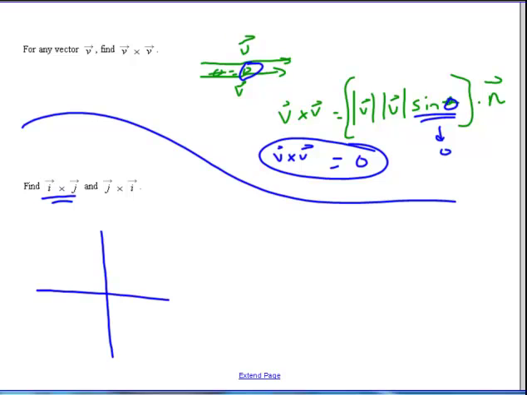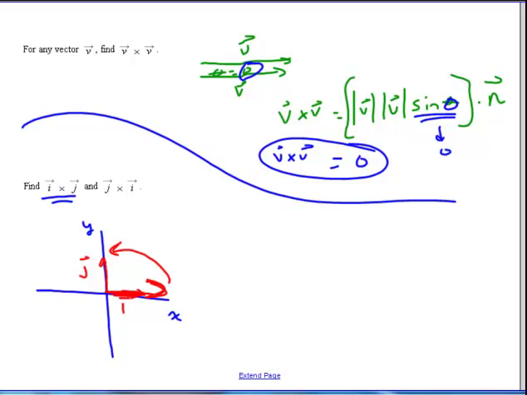We've got those are both unit vectors, so we've got our unit vector i and our unit vector j. So here's i and j. And if we start with i, put your right hand on this axis, and then curl your fingers toward the j, so in that direction.